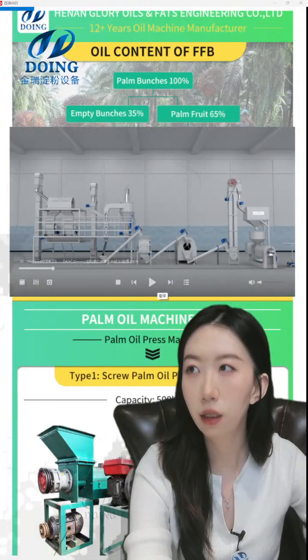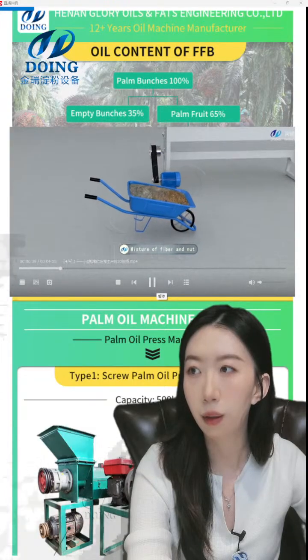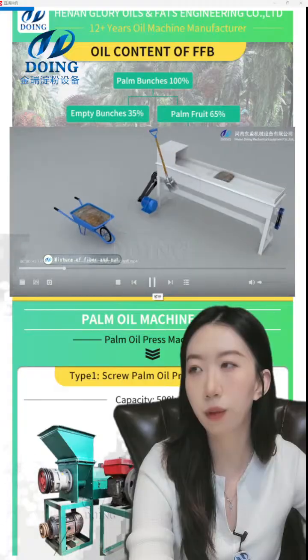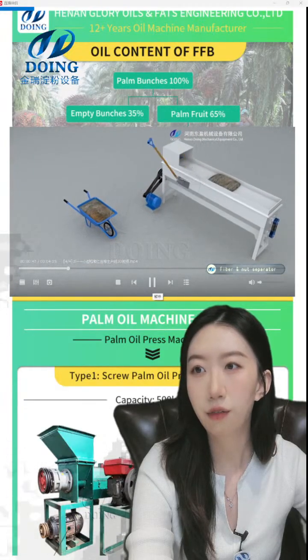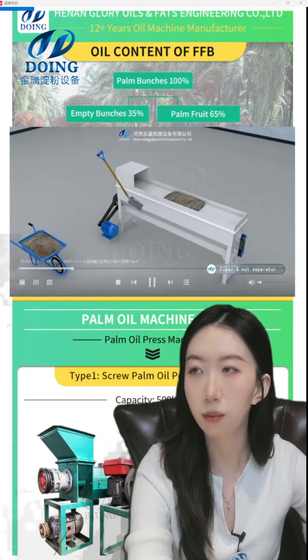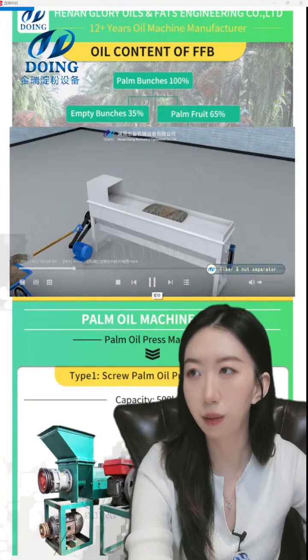So in the palm kernel oil production line, the first step is to separate fiber and palm nut. This is the fiber and nut splitter.